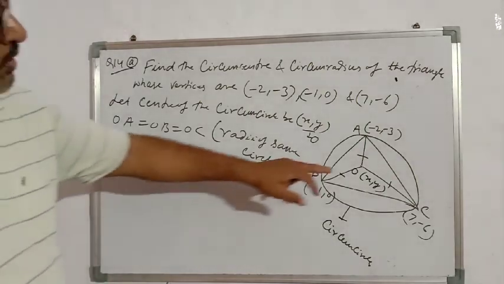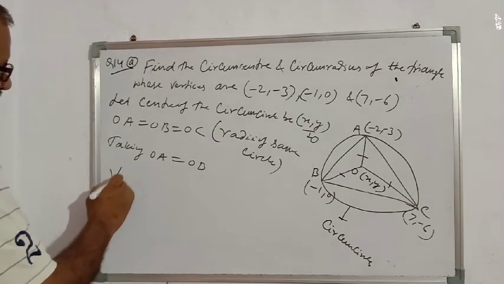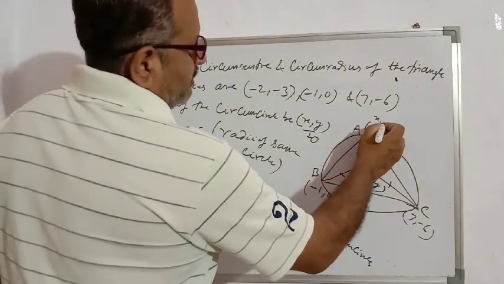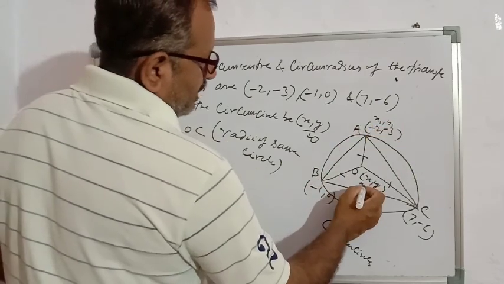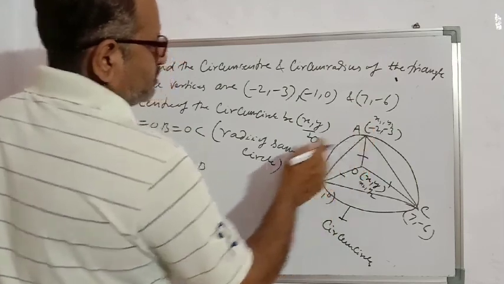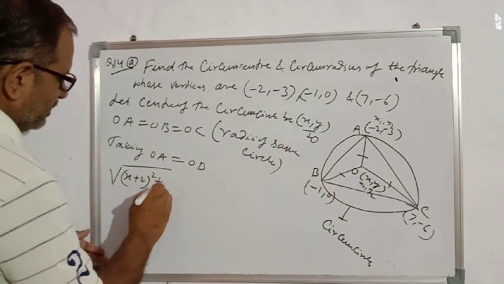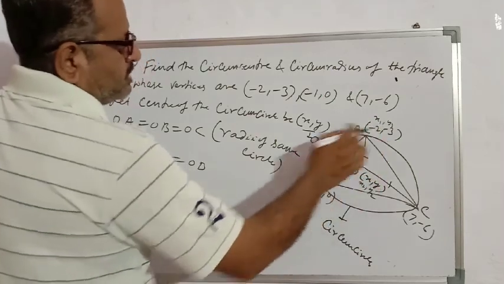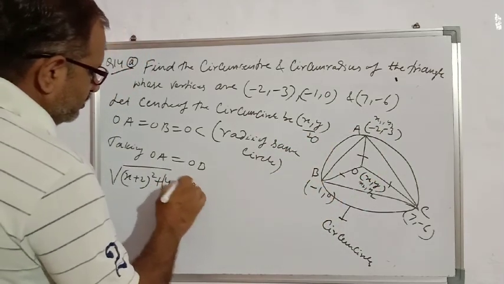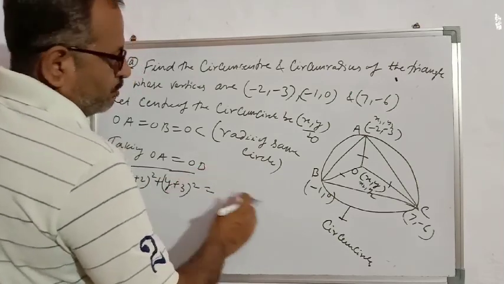How will we find OA using the distance formula? Suppose it is x1, y1 and this one x2, y2. So x2 minus x1, so x plus 2, x plus 2 whole square, plus y2 minus y1, y plus 3 whole square, is equal to OB.